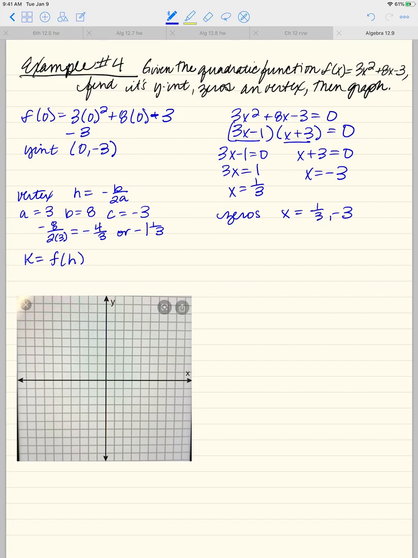I prefer to use improper fractions, so I'm going to plug in negative 4/3 back into my original function. So 3 times negative 4/3 squared plus 8 times negative 4/3 minus 3. So that gives me 3 times 16/9 plus negative 32/3 minus 3.